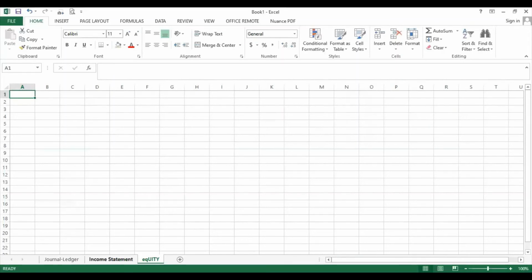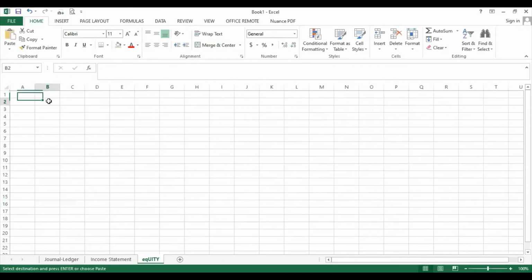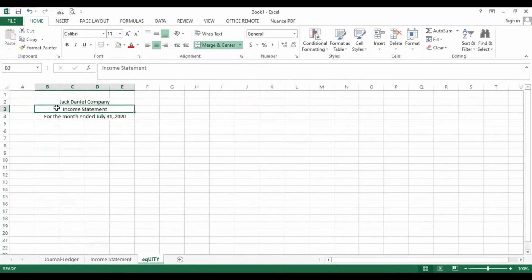It's faster to copy all of this, enter, and we just change the name to statement of changes in equity for July. The month ended July 31.